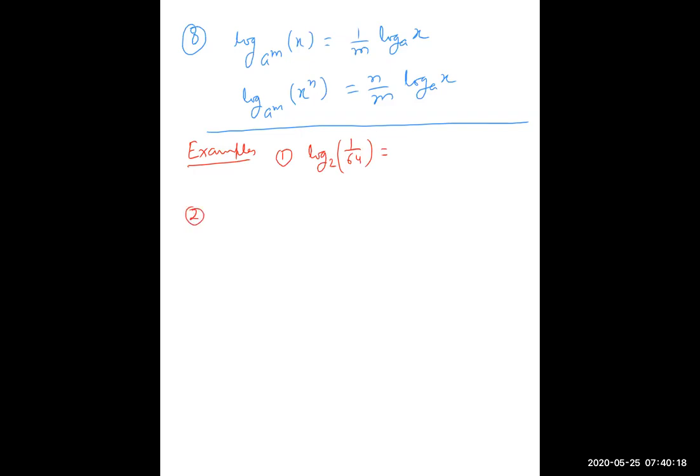Question number 2. ln of x square under root y upon e. Simplify this. Write in simplest form.